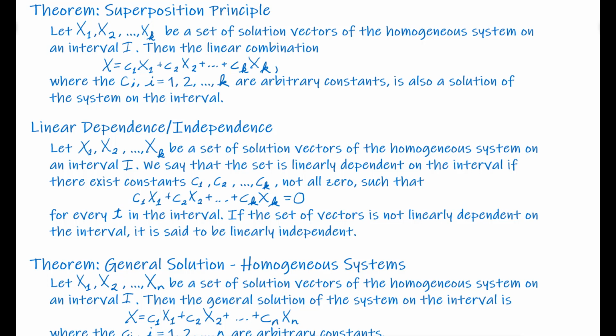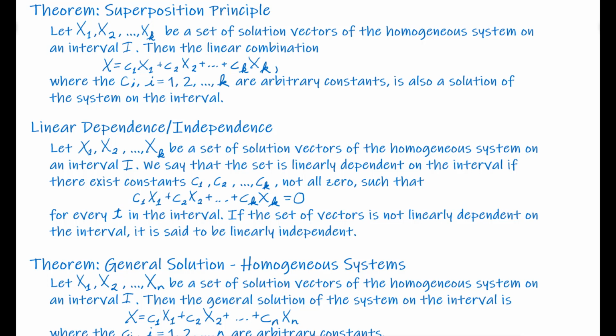Our superposition principle, when we're talking about systems of linear first order differential equations, says let X1, X2, and Xk, these are all capital X's here, be a set of solution vectors of the homogeneous system on an interval I, then the linear combination X equals c1 X1 plus c2 X2 all the way up to ck Xk, where the ci, with i being 1 to k, are arbitrary constants, is also a solution of the system on the interval.